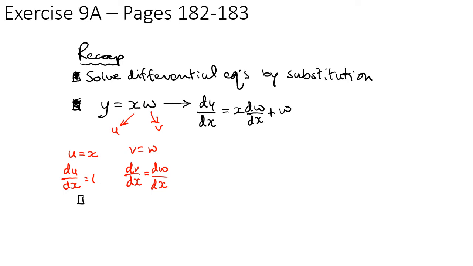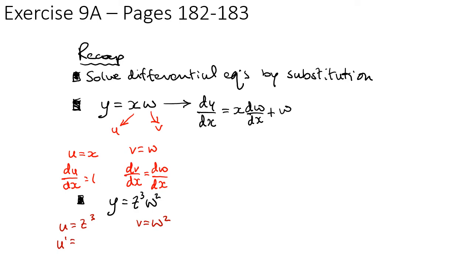Here's another example of maybe a substitution that we might have. Let's say we had y equals z cubed w squared. How do we do something like that? Well, this works in the same way. So here we would have u equals z cubed, v equals w squared. So let's write it as u dash.